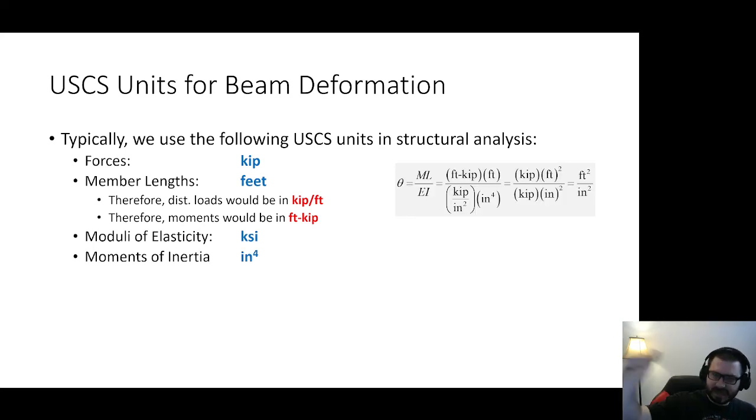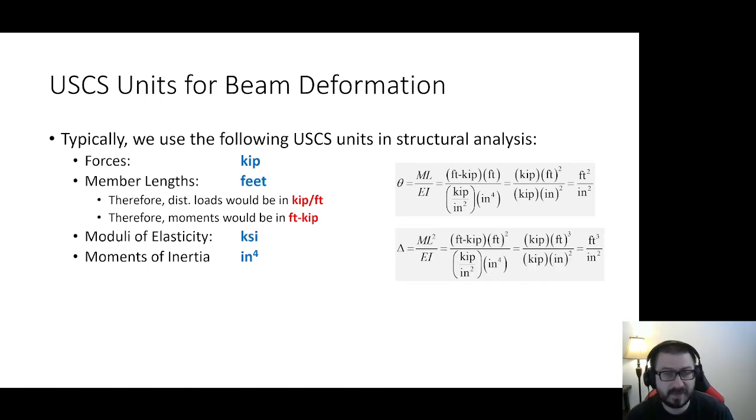So let's carry that out. With rotations, we would get ML over EI, so some term in foot kips times some term in feet, divided by KSI times inches to the fourth. So the kips cancel, that's fine. But then if we track their units out, we'll get foot squared over inches squared. And then similarly with deflections, we'll get feet to the third power over inches squared.